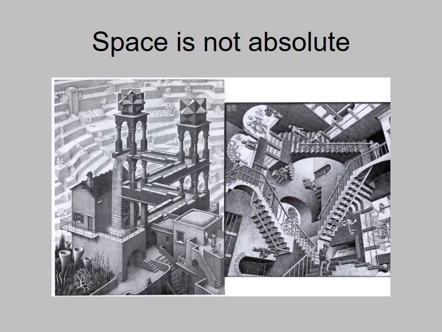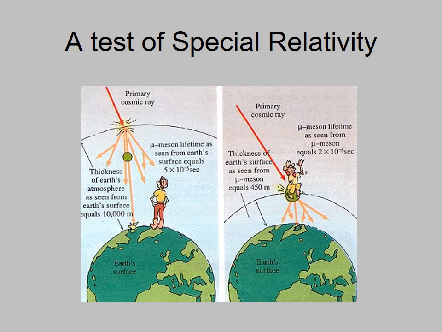Now, of course, there are equations that describe all this stuff. And those equations are going to be what gives the mathematical basis. There are tests of all this. Cosmic rays hit the upper atmosphere and cause particles to come raining down to the earth.